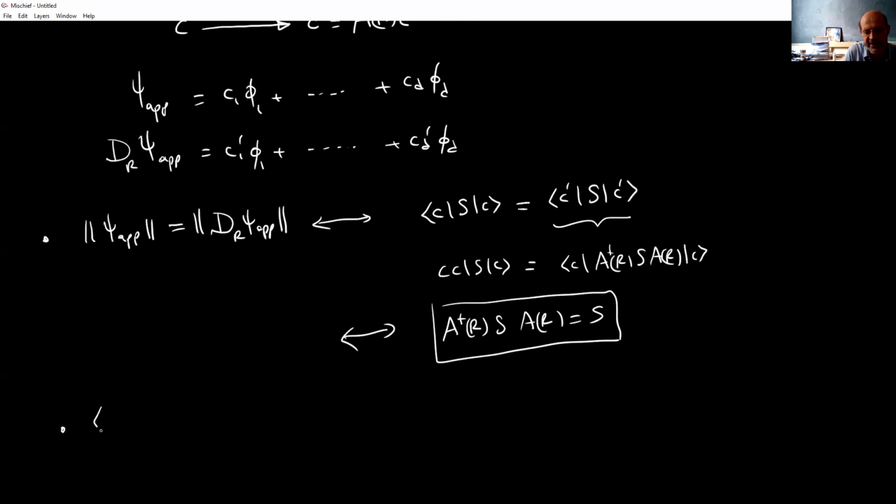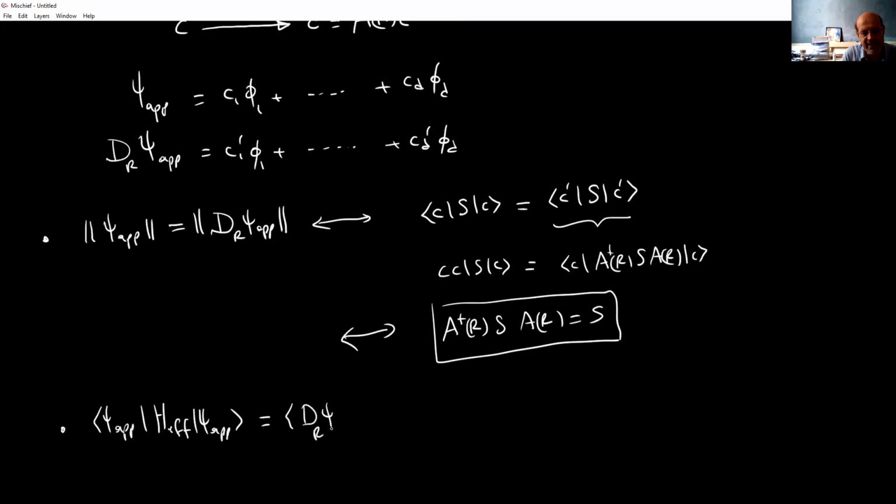The second implication is that the Hamiltonian also has the symmetry. So therefore, the expectation value of the Hamiltonian in that approximate wave function and the rotated wave function, these are the same, right?